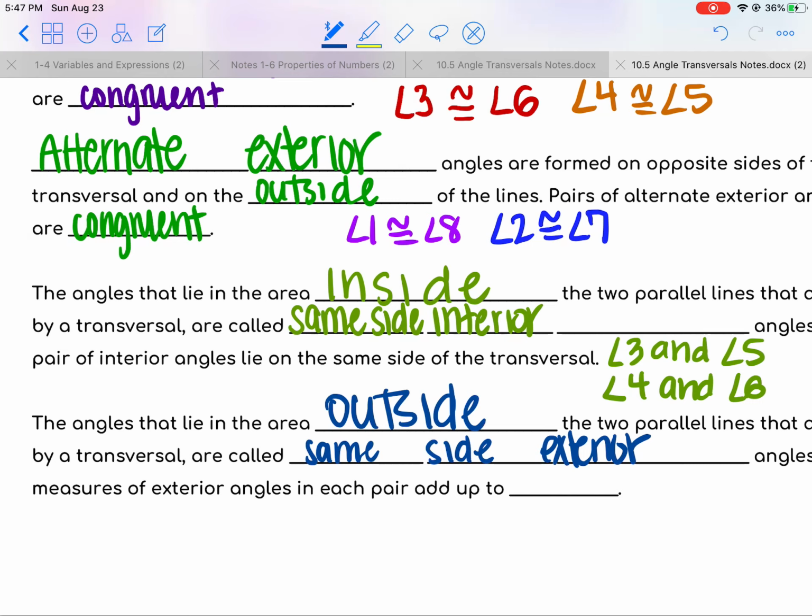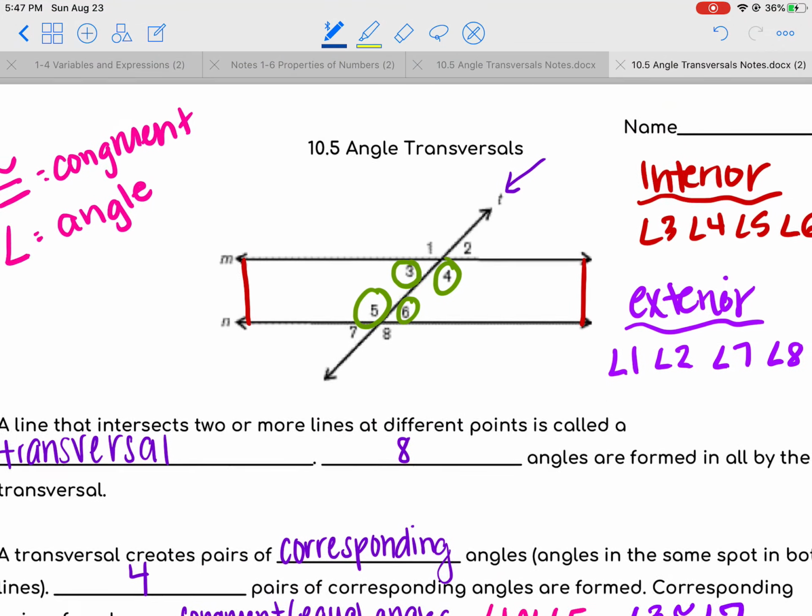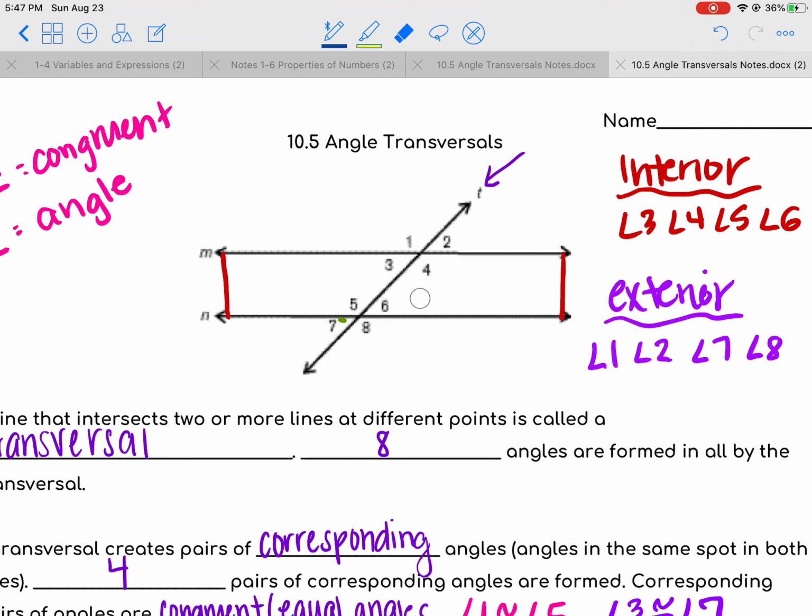The measures of these exterior angles add up to 180 degrees, which you may remember is a straight line. So notice, angles 1 and angle 7 are on the left side of my transversal, and they are both exterior.